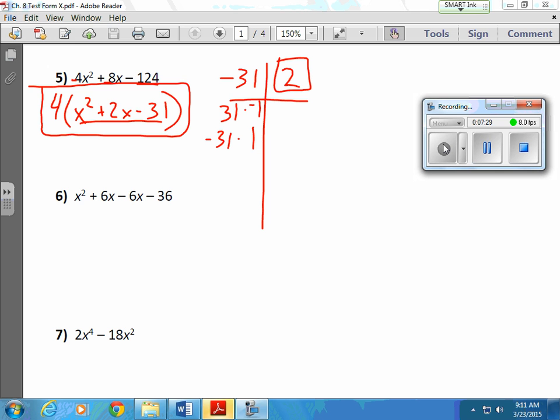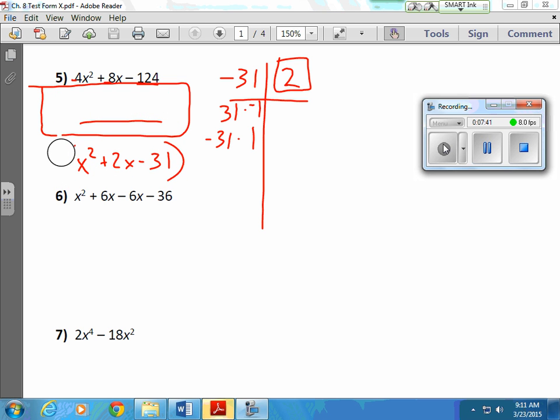It is not prime because they all have a 4. I could factor out a 4. This piece is prime, but the whole thing is not prime because all those terms have a common factor of 4.